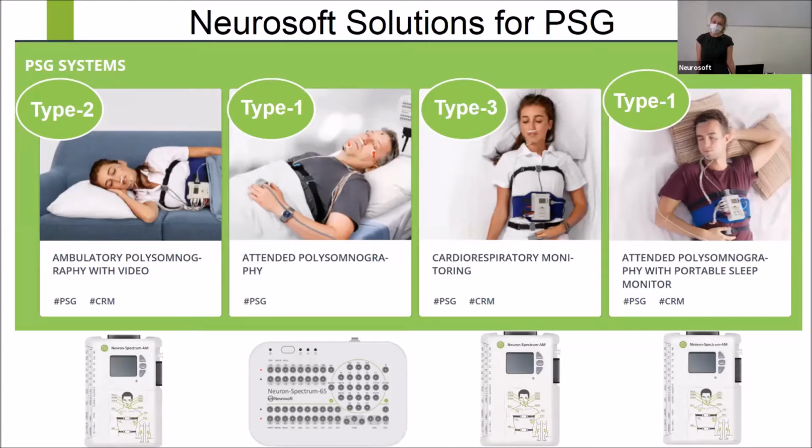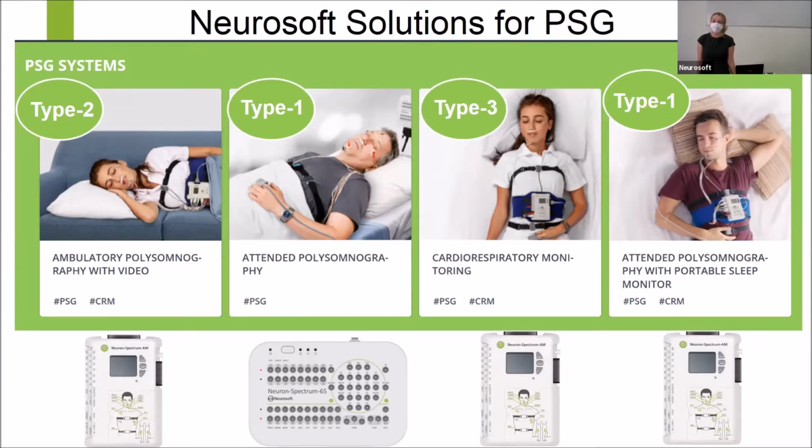So the type 1 systems are Neuron-Spectrum-65 and Neuron-Spectrum-AM, Neuron-Spectrum ambulatory monitoring. We can offer the type 2 sleep system, and it is Neuron-Spectrum-AM, which we can use for ambulatory monitoring. With this system, we can perform the full overnight PSG test at the patient's home.